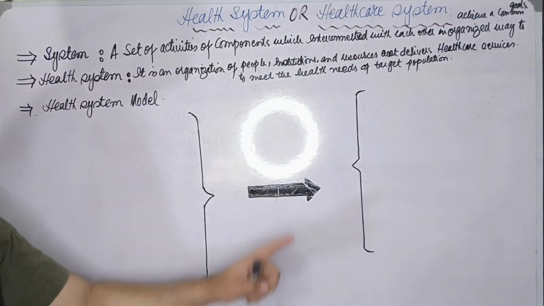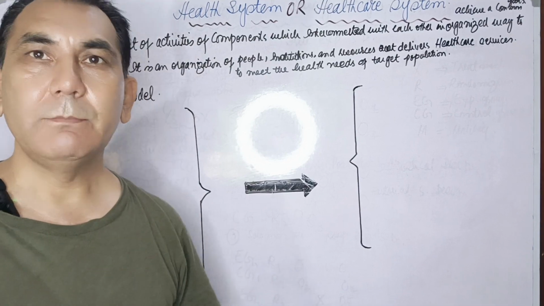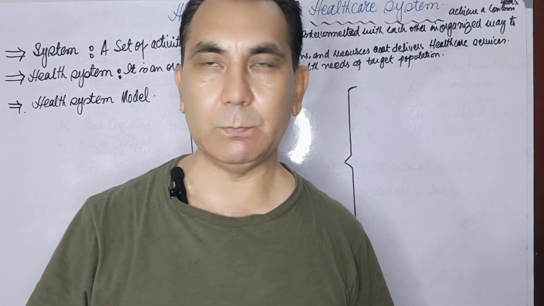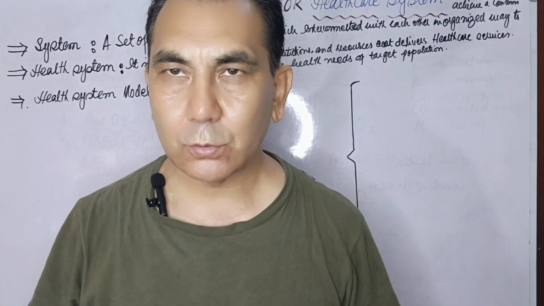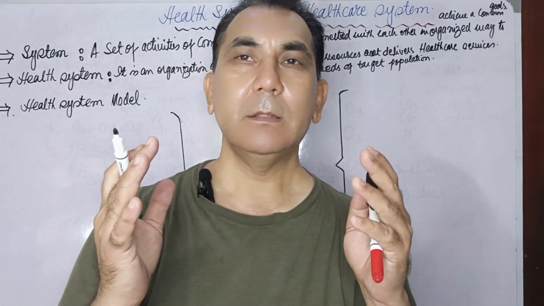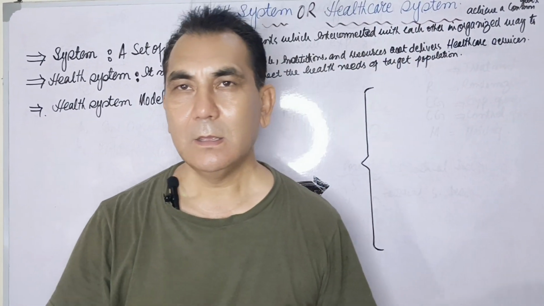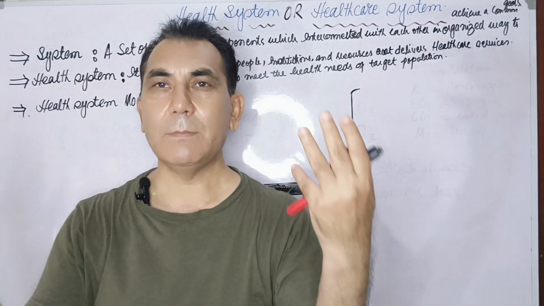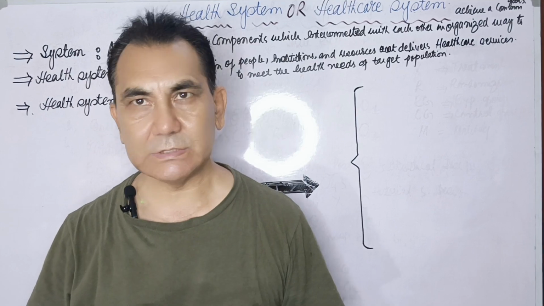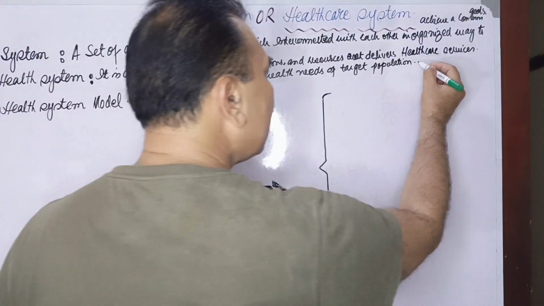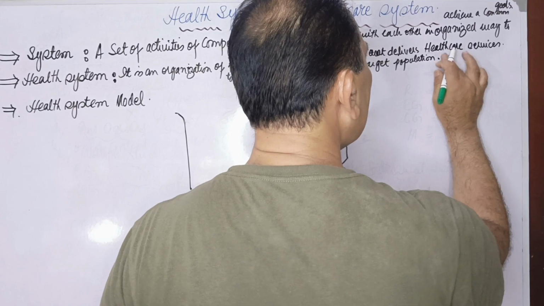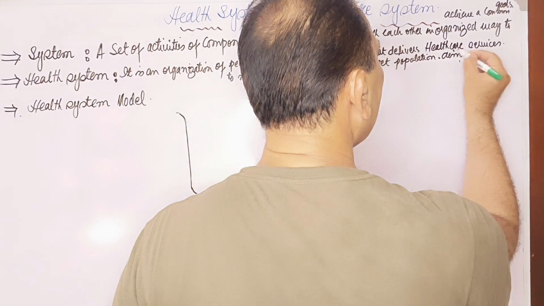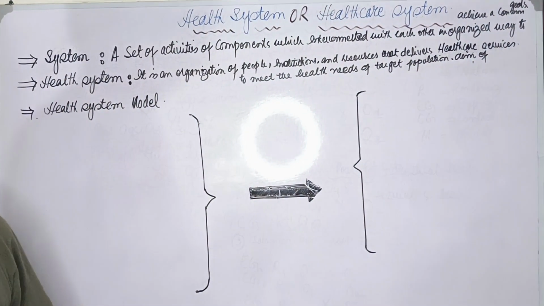Now the question arises, why the target population? Because the health needs of every population or group of people are different from another group. The health needs of a rural area may be different from an urban area, on the basis of the health problems or the burden of disease. So what is the core aim of the health system?